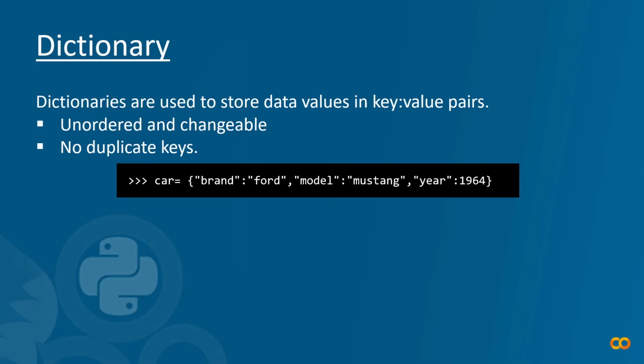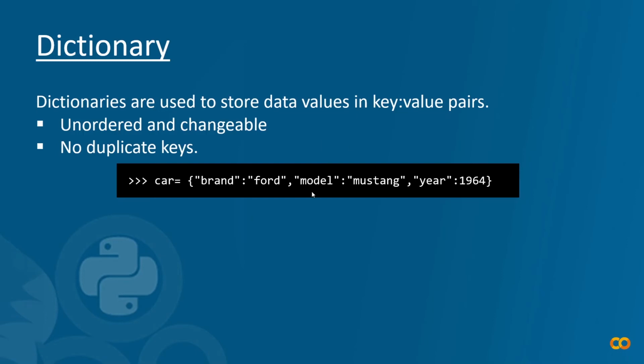So the properties are, unlike the tuple and list, this is an unordered one. That means it doesn't matter where we write the element, whether it is in the second position or the first position, because we are calling the value by the key. In the list and tuples we had the index values like 0, 1, 2, 3, and we were calling the elements by this index value, right?